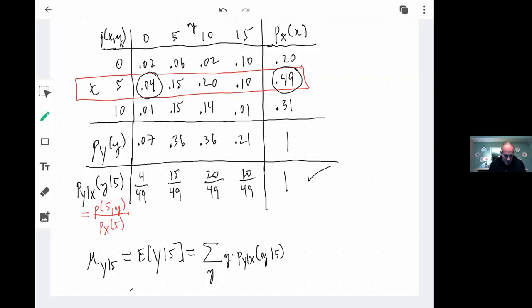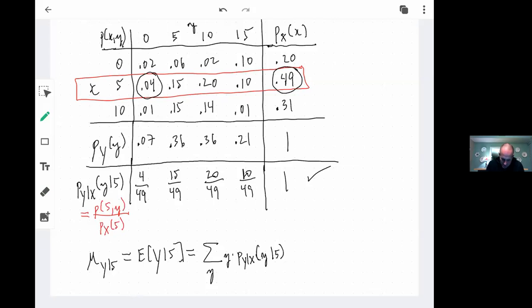What about the conditional mean? The mean of y given that x is 5. What would we do with that? Well, that's going to be the sum over all possible values of y, and I would use the conditional density, right?